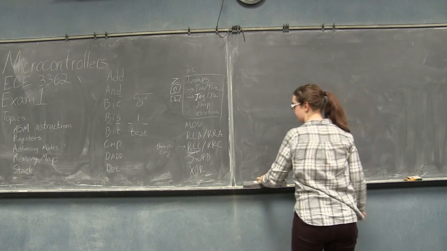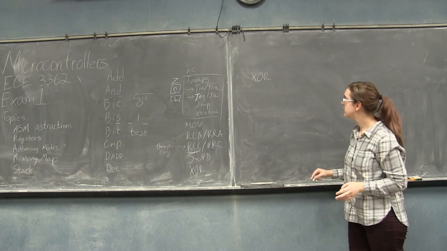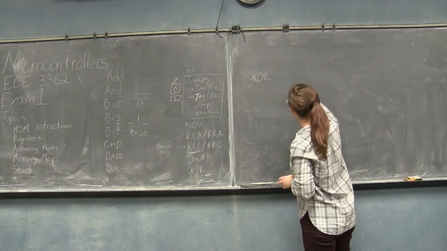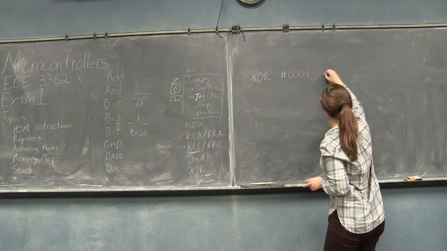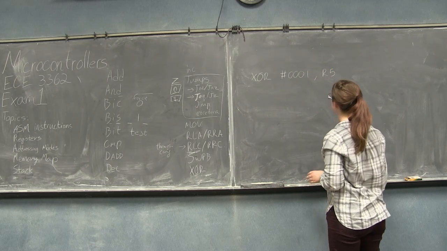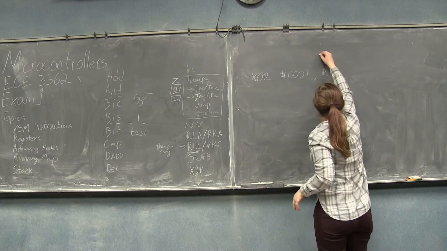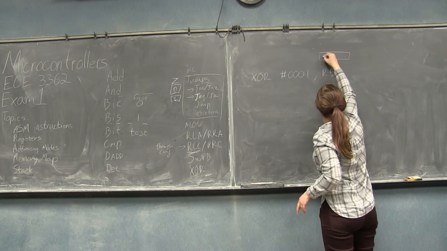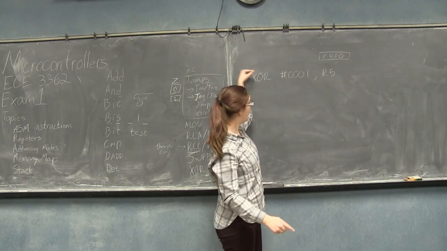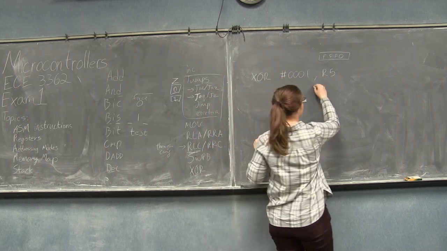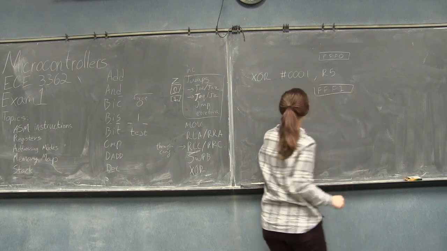And then the last instruction is XOR, which is exclusive OR, which you can use as a toggle. So say you have a value in R5, and R5 is currently FFF0. After this instruction, it toggles it.